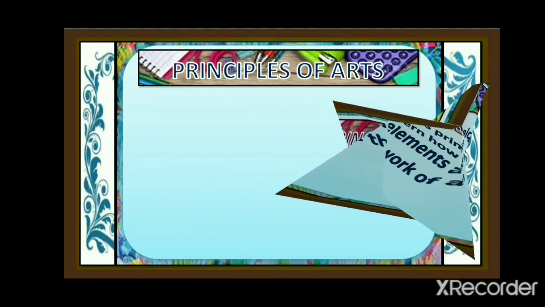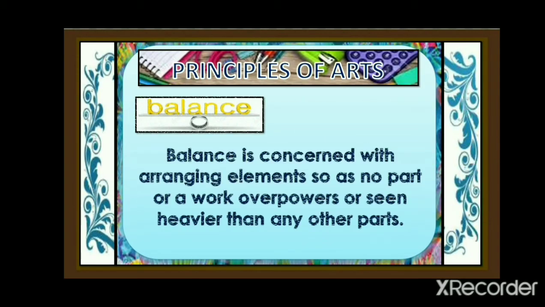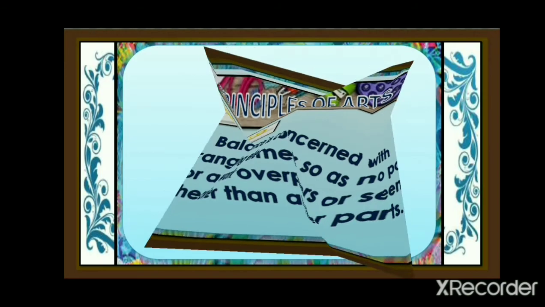One of the principles of art is balance. Balance is a concern with arranging elements so that no part of a work overpowers or seems heavier than any other part. There are three kinds of balance: formal, informal, and radial.